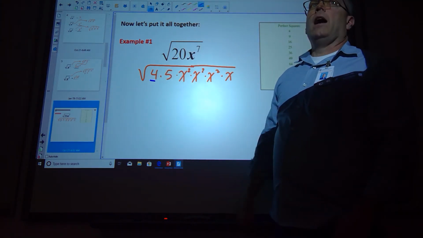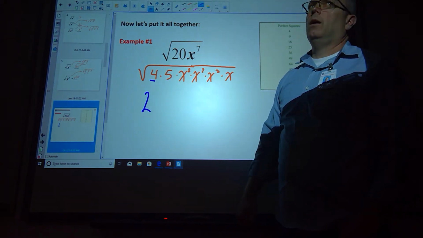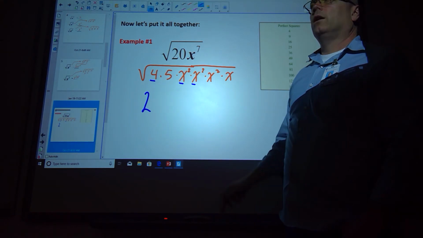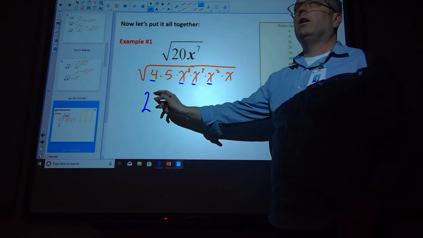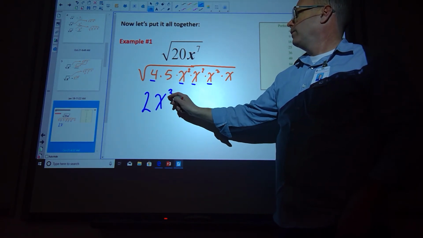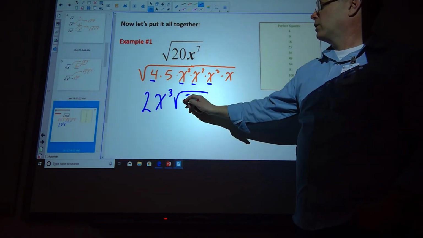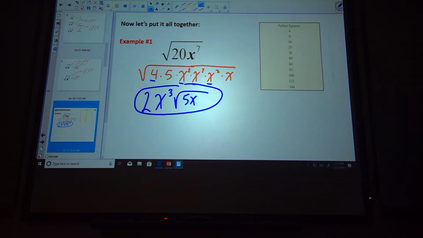Square root of that is 2. Do I know the square root of 5? No, it's got to stay inside. What's the square root of that? X times x times x, x to the 3rd. And then what's still left inside? 5 and an x. Done. That's it. It's an exact answer.